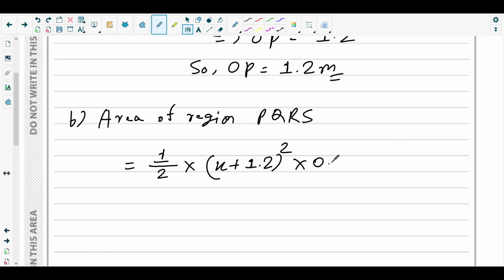Theta is 0.6 radian, and from that we need to subtract the area of the sector POS, which is half r squared, with r squared being 1.2 squared, and theta 0.6.